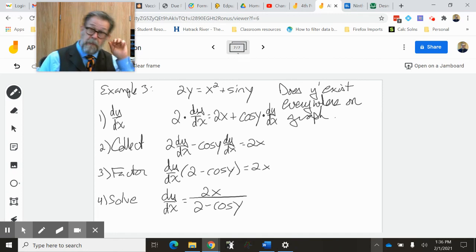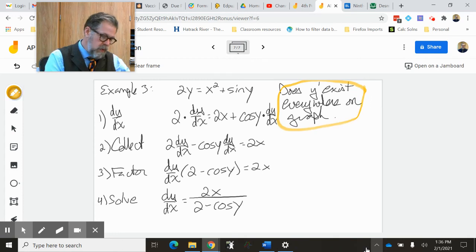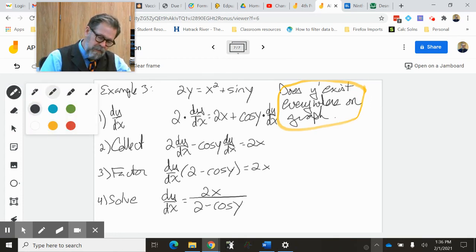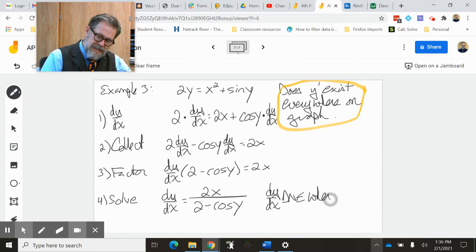Now, if I had particular points, of course, I could plug them in. I could do all my calculations. But the question here is, does this exist everywhere? Well, we know that there is a place it doesn't exist. So dy dx does not exist when 2 minus cosine y is equal to 0.